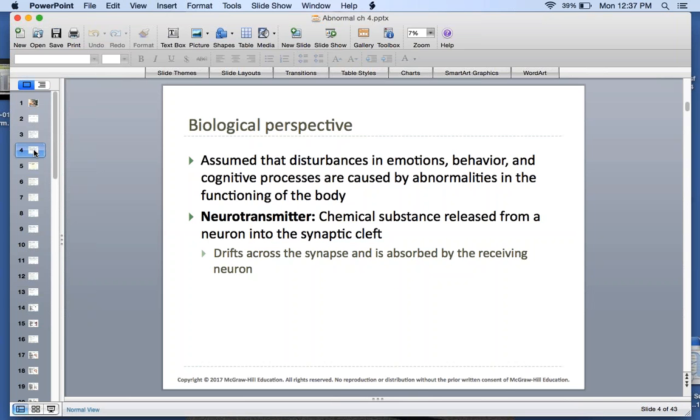So we will talk about different neurotransmitters: serotonin, dopamine, norepinephrine. These are some of our big players here. And we will talk about them within each diagnosis. A neurotransmitter is a chemical substance released from a neuron into the synaptic cleft. I'll show you some pictures in a minute here, okay? The idea is that the neurotransmitter drifts across the synapse and then is absorbed by the receiving neuron.